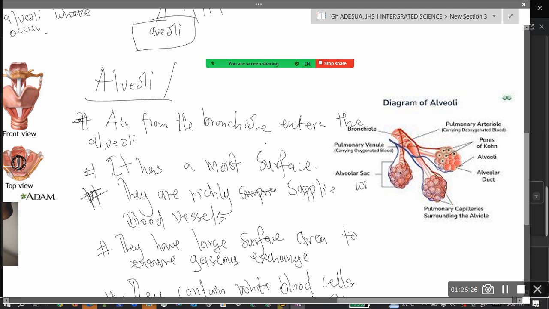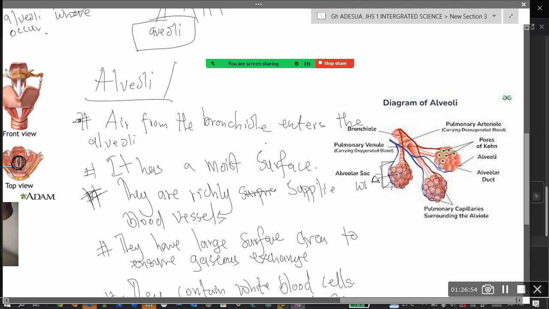The reason why they are mostly surrounded by blood vessels is that the gaseous exchange happens between the alveoli and the blood vessels. You get it? The blood contains carbon dioxide. It gives the carbon dioxide to the alveoli, and the oxygen found within the alveoli is given into the blood.